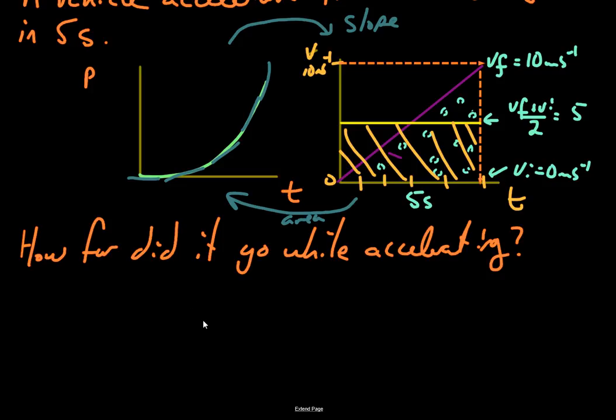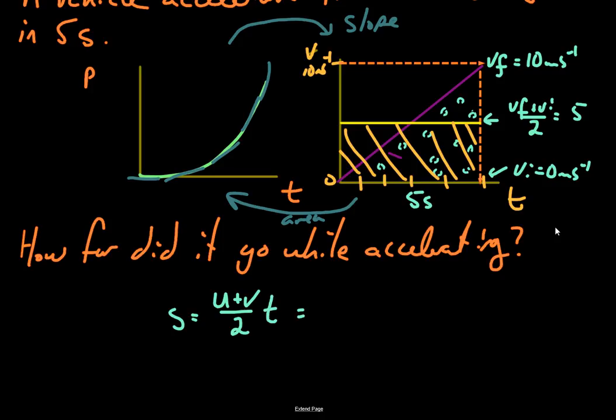So this is what we're essentially saying. For an accelerating object, the distance that it covers, we're going to write some new nomenclature, is u plus v over 2 times the time that it took.